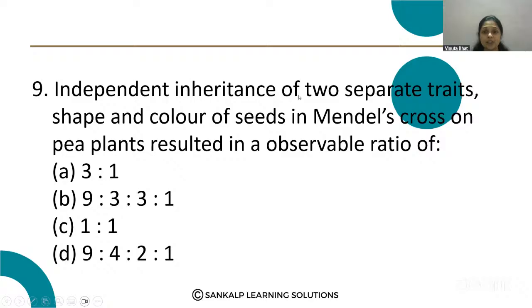Independent inheritance of two separate traits, shape and color of seeds, in Mendel's cross on pea plants resulted in an observable ratio. What is the ratio? 3 is to 1, 9 is to 3 is to 3 is to 1, 1 is to 1, 9 is to 4 is to 2 is to 1. So what is the observable ratio of Mendel's dihybrid cross experiment? Please comment in the comment box.